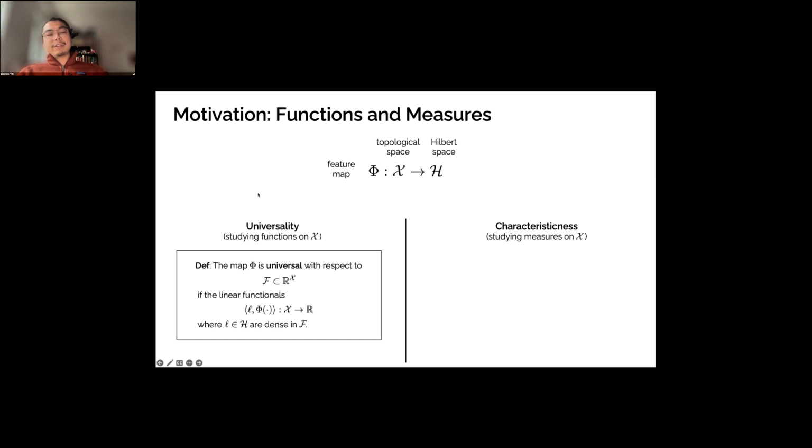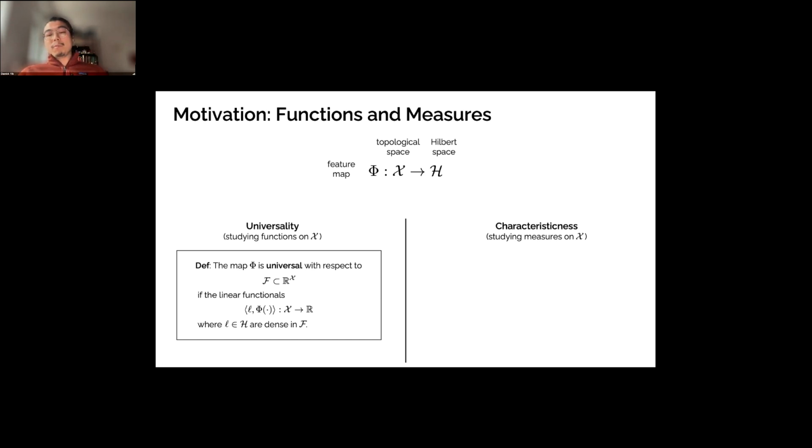Now, what this allows us to do in more practical contexts is to turn nonlinear problems into linear ones. So if we're able to approximate any continuous function using linear functionals, this allows us to turn, for instance, a nonlinear classification problem into a linear classification problem.